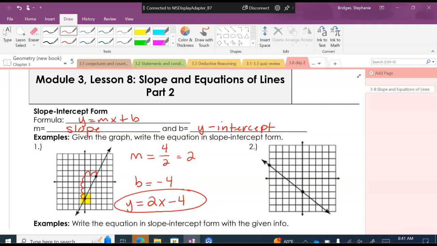So I want you to try number 2. Count your slope, decide whether it's positive or negative, figure out what your y-intercept is, and then plug both of those into your slope-intercept form, y equals mx plus b.